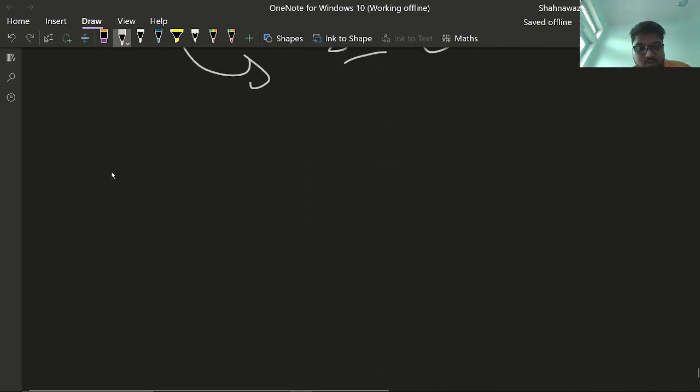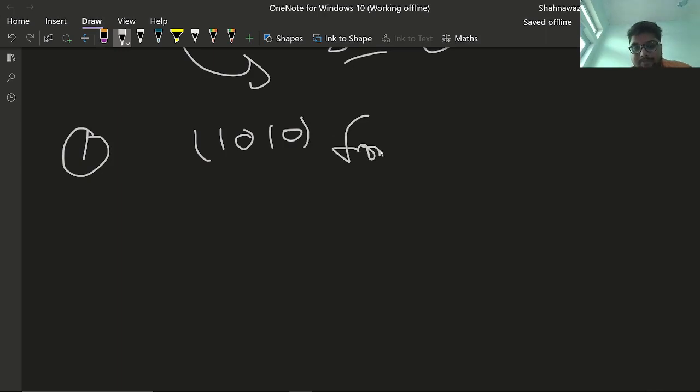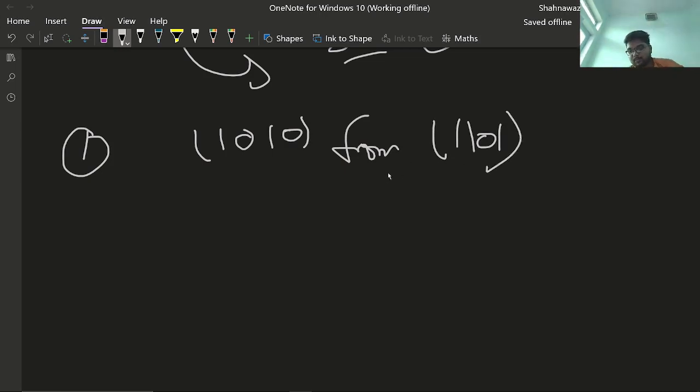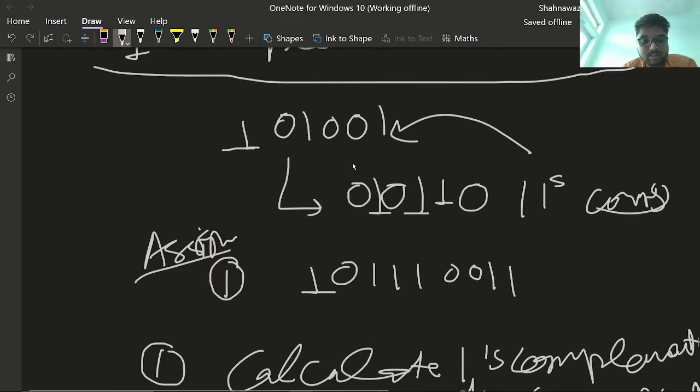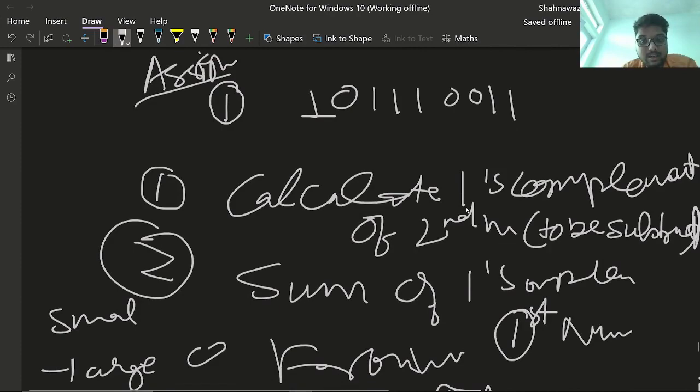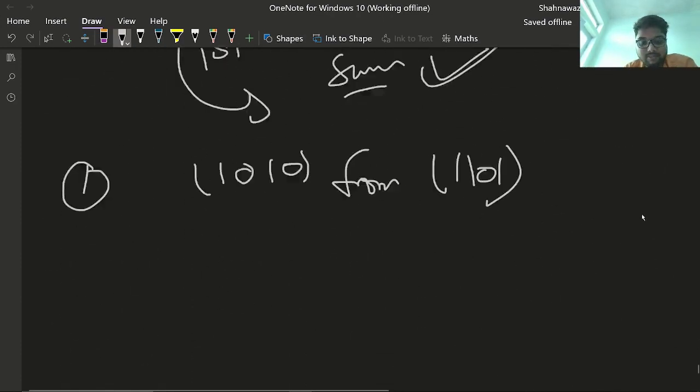So let me take the first example. 1 0 1 0, we have to subtract this from this. In this logic, what does the first rule say? Find the one's complement of the second number, which is the number we have to subtract.